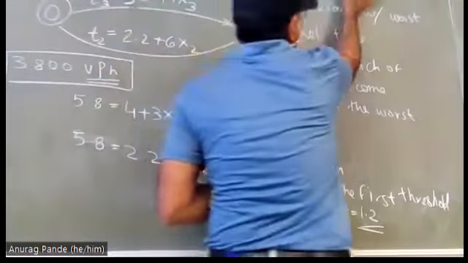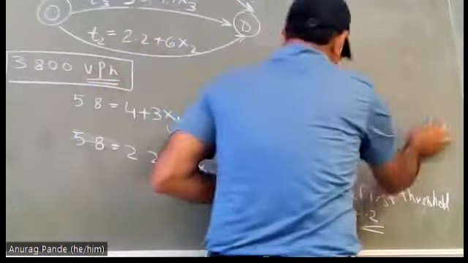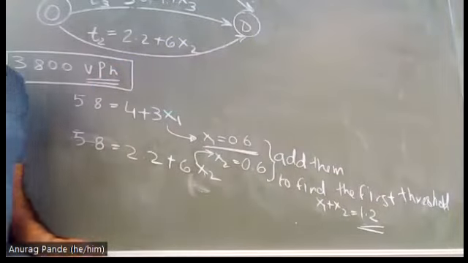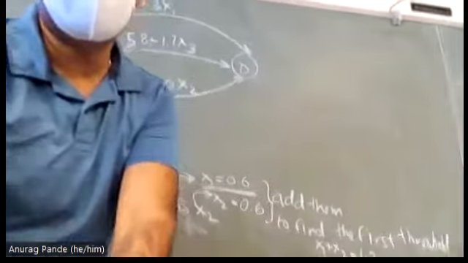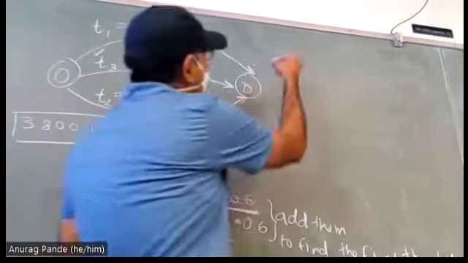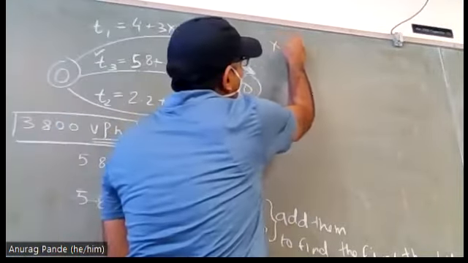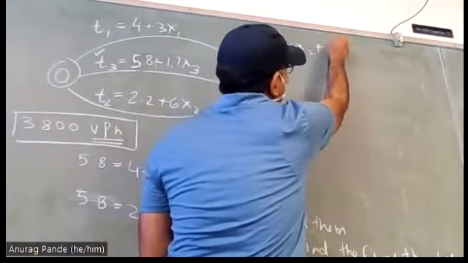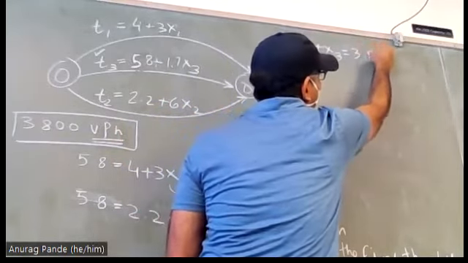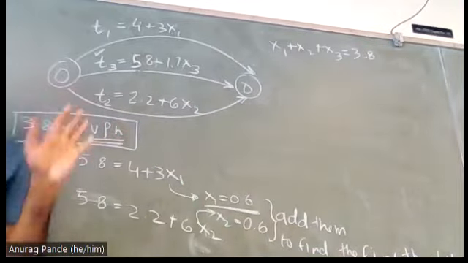Again, Lewis rule is on your slides, so you can look that up later. Once I do that, I need to come up with the 3 equations. My first equation will be conservation of flow. So x1 plus x2 plus x3 is equal to 3.8. It's 3,800, but because these are measured in thousands of vehicles per hour, I stick with 3.8.